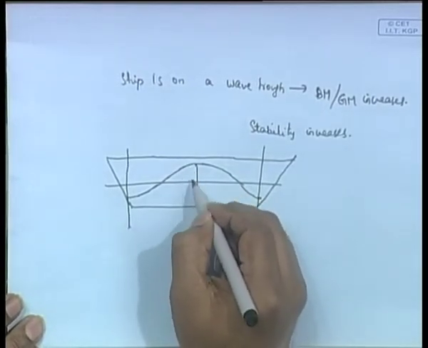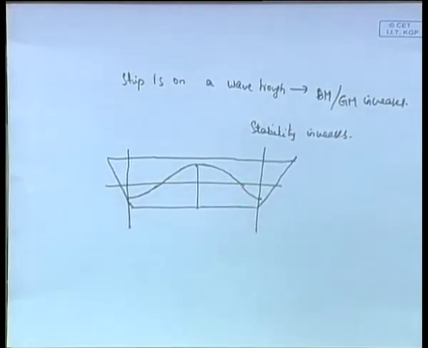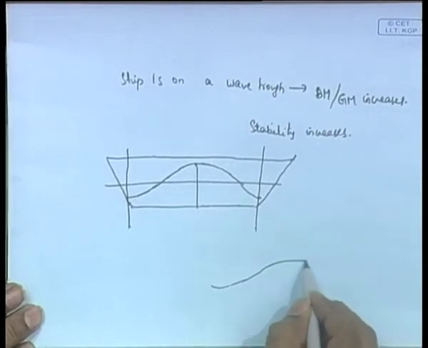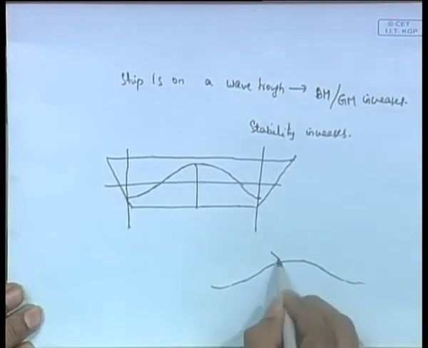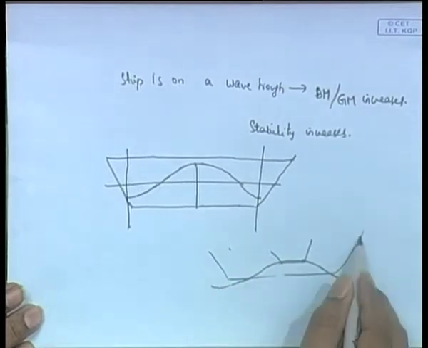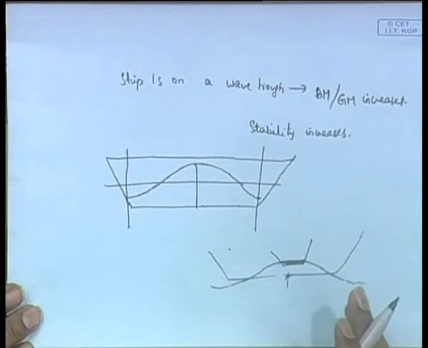See the ship, ship is floating on a crest means the center of the ship, the midship of the ship, is on a crest. So, this is a wave, ship is here. This means it is not here, the whole ship is here. The midship section is here, it is floating like this on a crest.